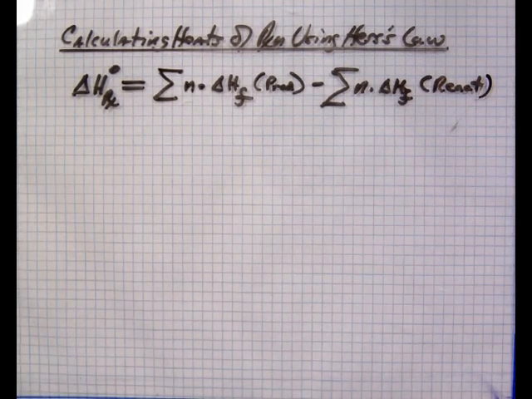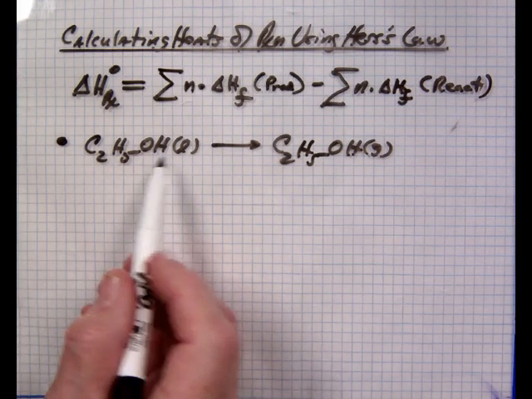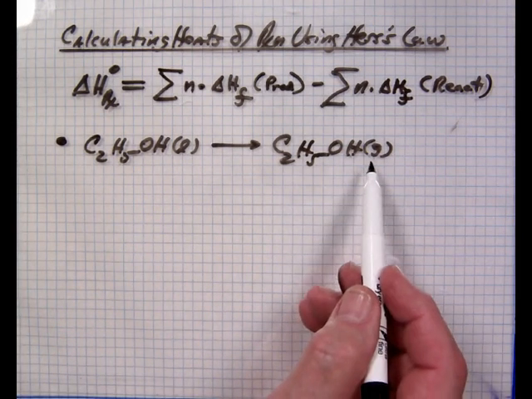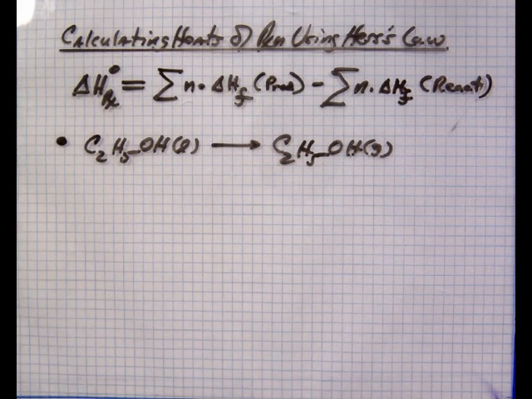Now the equation may look a little more intimidating than it is in application, so I'll show you how that comes together right now. Okay, so ethanol, C2H5OH, in the liquid phase, and the C2H5OH in the gas phase.